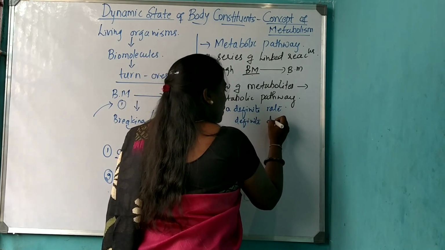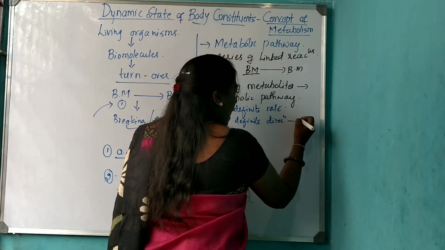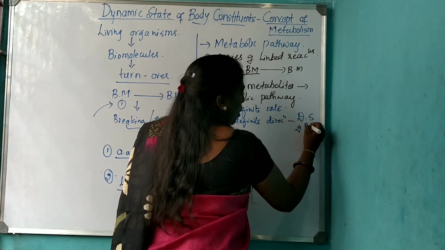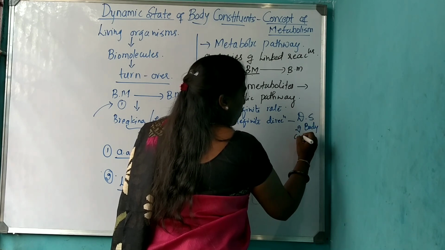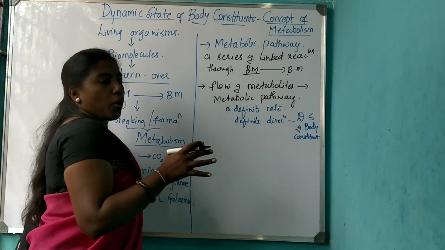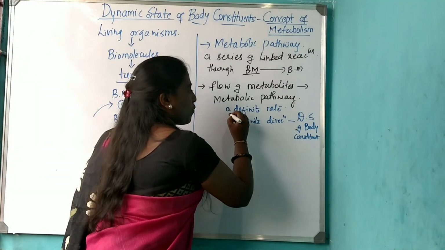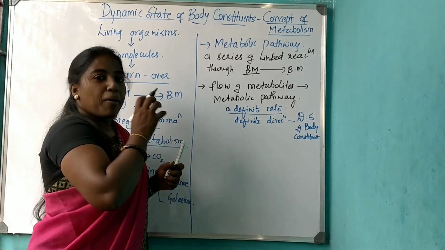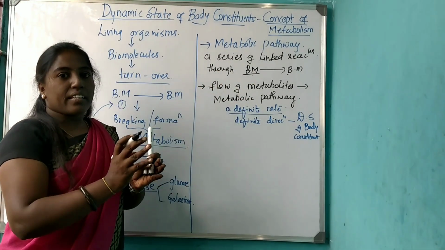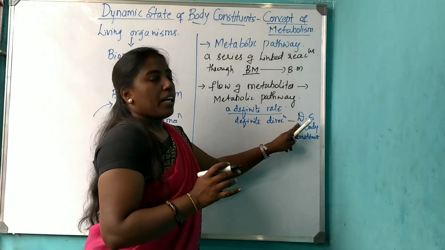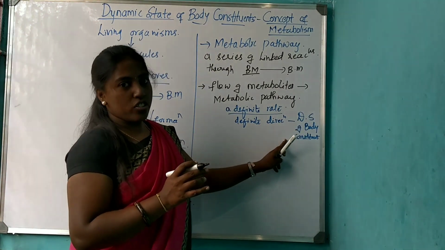Is it clear, students? So here, a specific amount of biomolecules will flow at a definite rate in a particular direction, just like automobile traffic. That we'll call the dynamic state of the body constituents.